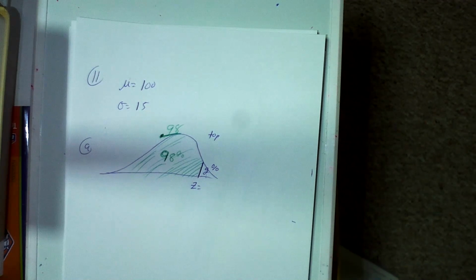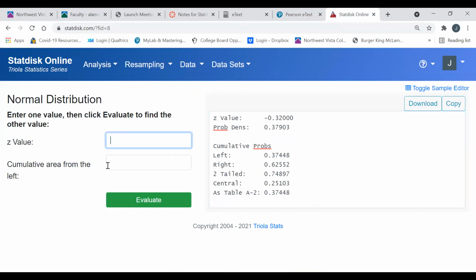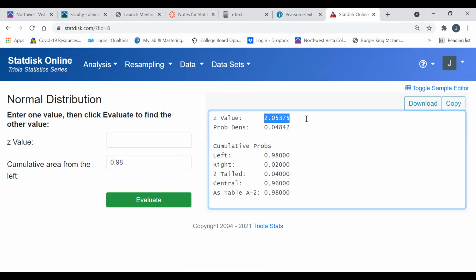Let's find the Z. Shall we? 0.98. Let's find my Z. There it is: 2.05373. There's my Z. Do you ladies remember what formula we're going to use to find the actual IQ score?